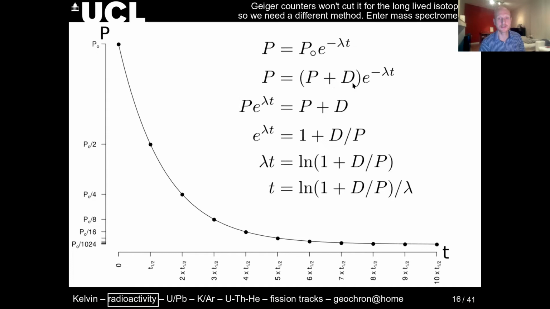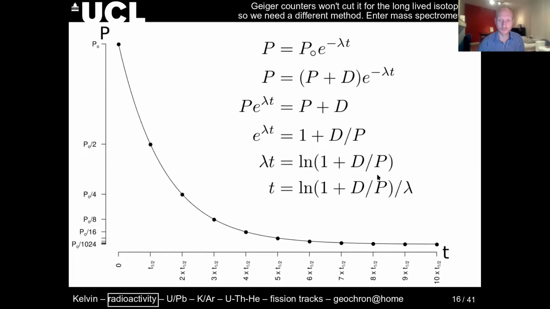So we can rearrange this equation by bringing this exponent to the left-hand side, bringing the number of parent atoms in the sample to the right-hand side, taking logarithms of both ends, taking the lambda decay constant to the right-hand side, and we get an equation for time, which is a function of the decay constant, which we know, and the ratio of the amount of daughter to the amount of parent that is present in our sample today.